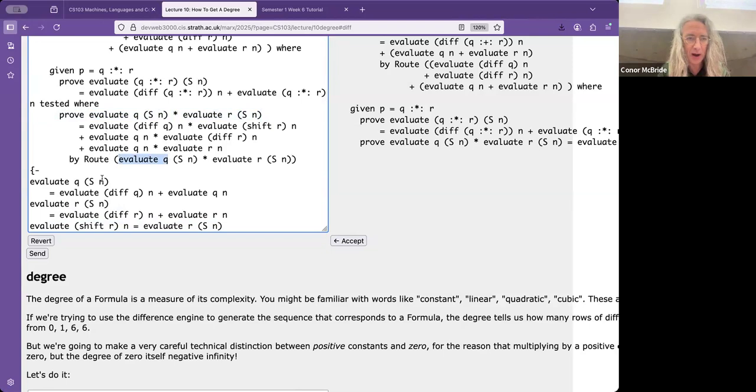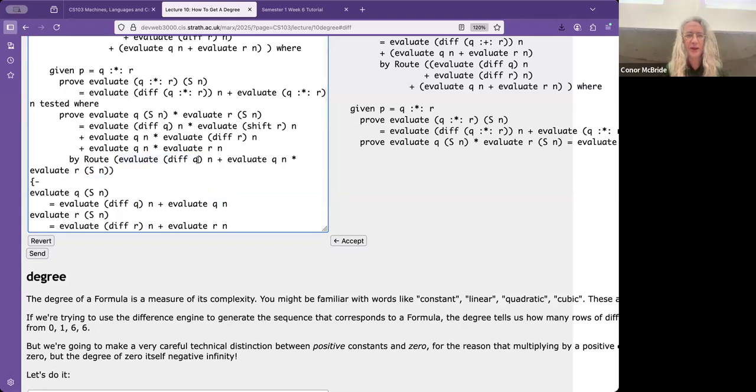Then I pick up the right-hand side of the induction hypothesis. I hit copy. I select this thing, which is the left-hand side of the induction hypothesis, and I hit paste. And then I realize I need an extra set of parentheses around that because of BODMAS.